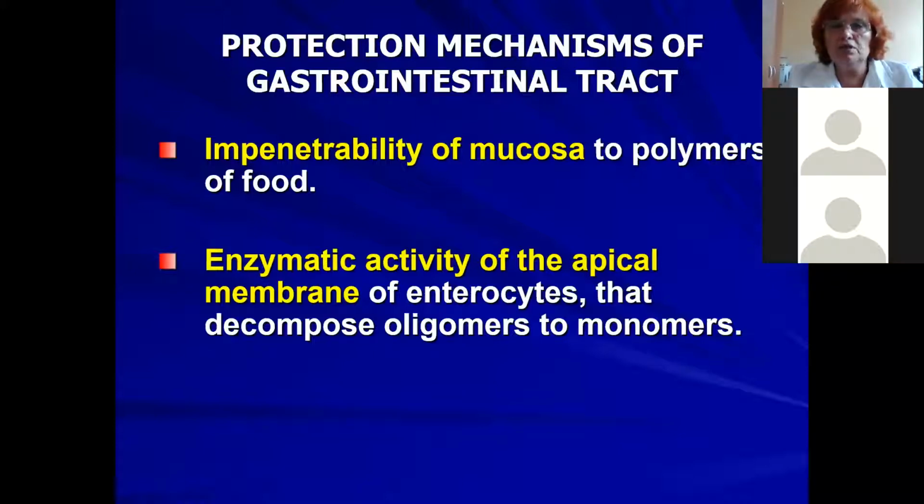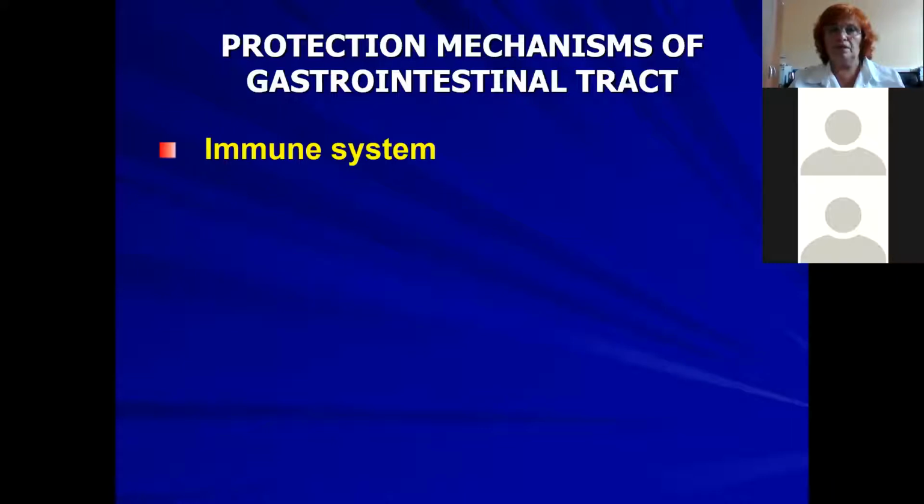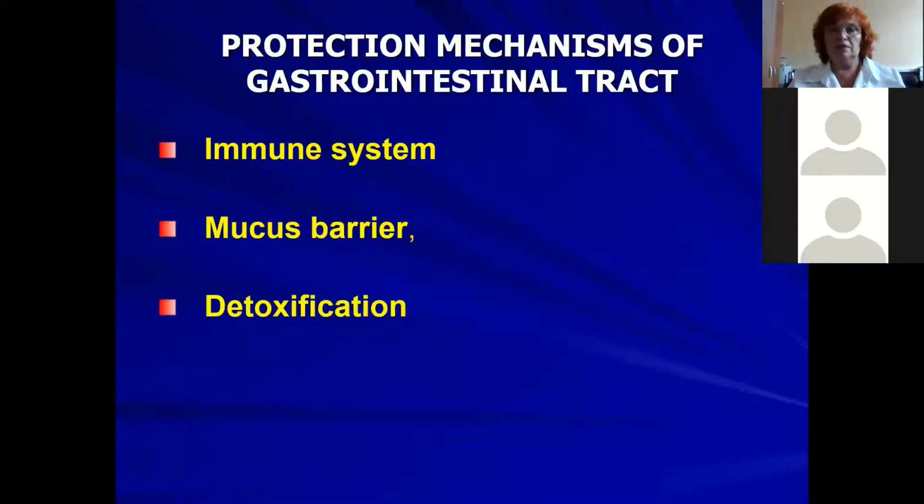Impenetrability of mucus to polymers of food, and enzymatic activity of the apical membrane of enterocytes that decompose oligomers to monomers. Then there are the immune system, mucous barrier, and detoxification.